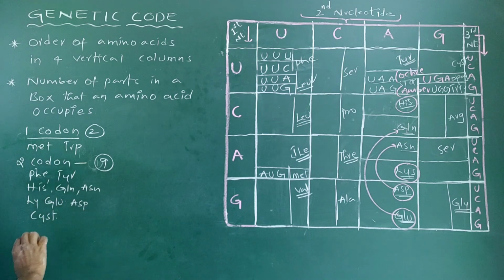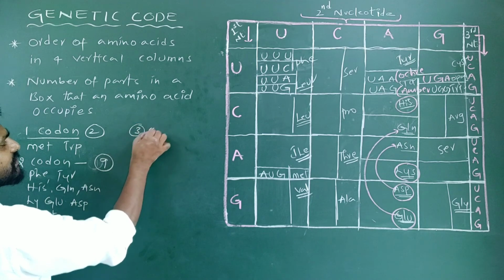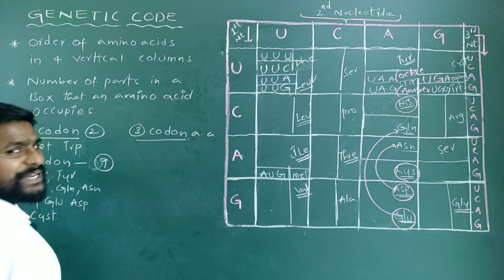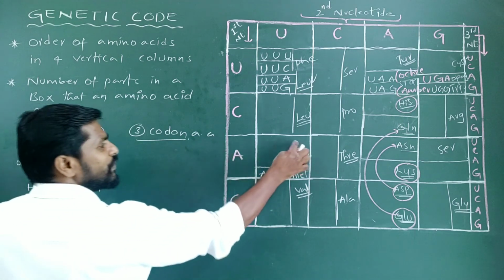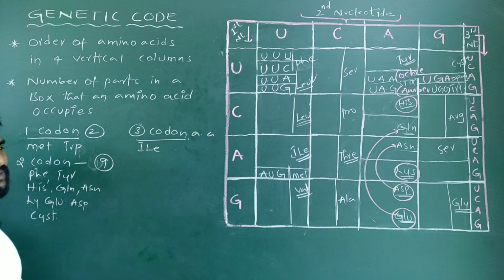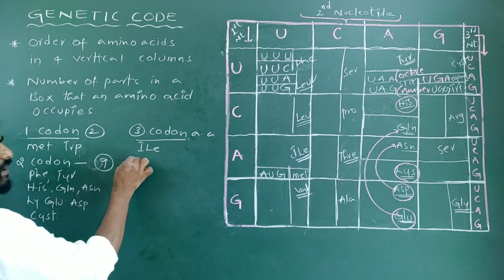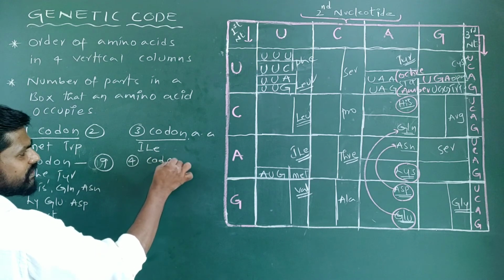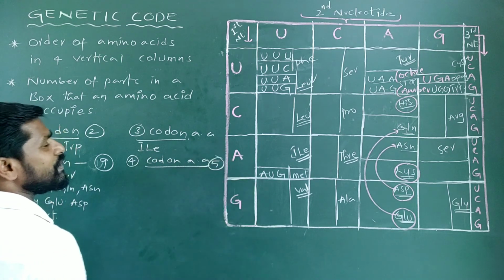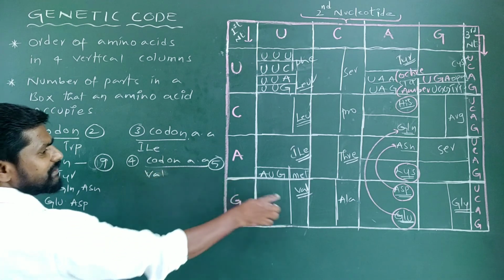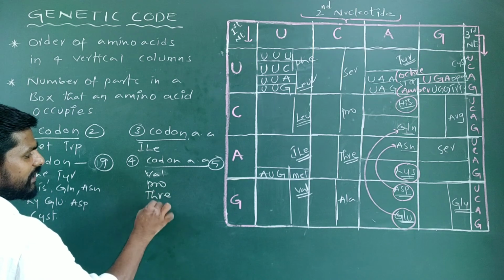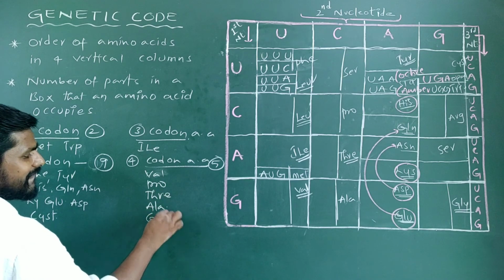And the amino acids coded by 3 codons. How many amino acids are there like that? Only one amino acid, that is isoleucine. And the amino acids coded by 4 codons are 5 in number. Those are valine, proline, threonine, alanine and glycine.